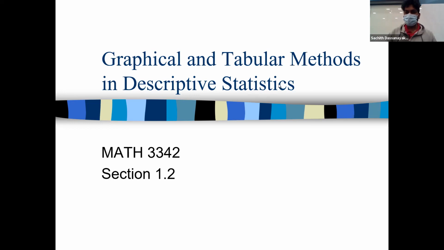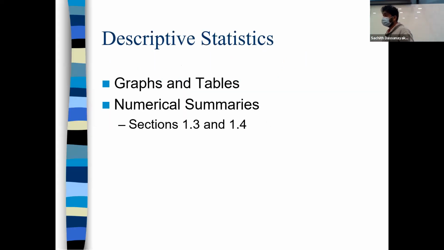So let's start. In this section, we have to discuss graphical and table methods, which we are using in descriptive statistics. Last time I told you what descriptive and inferential statistics are. Descriptive statistics means we are dealing with the sample only.